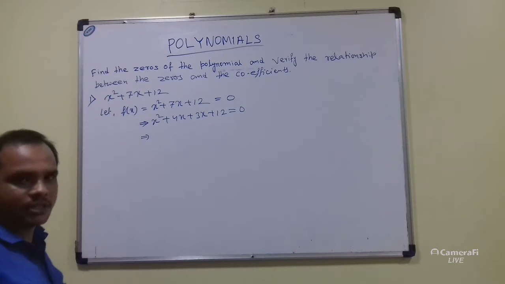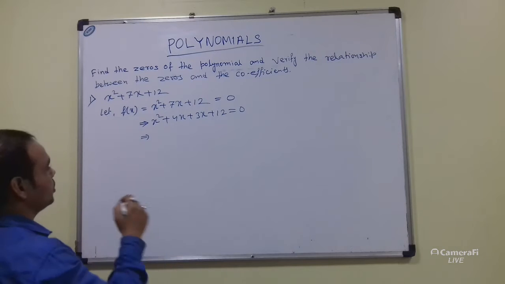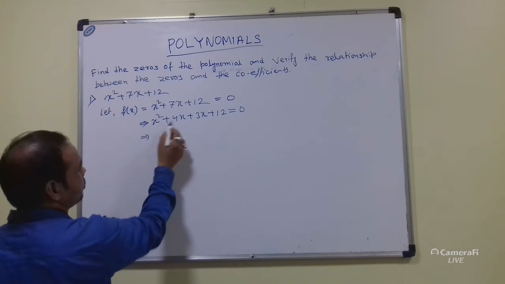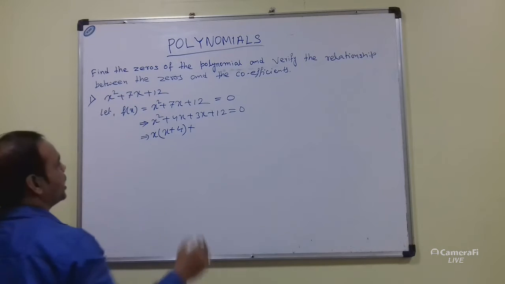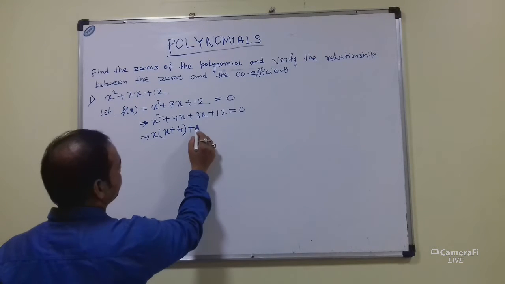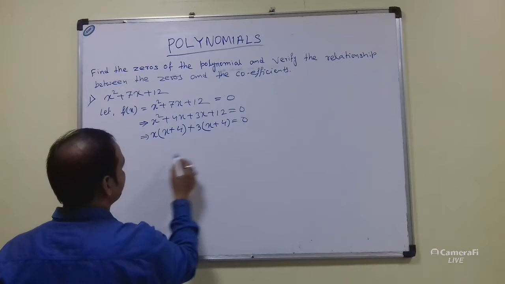You already know the factorization method and the middle term factor method. Now we take x common from the first two terms, so it will be x plus 4, and we take 3 common from the last two terms, so it will be x plus 4.